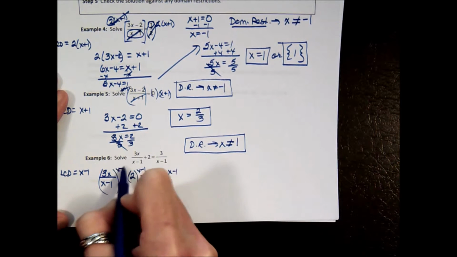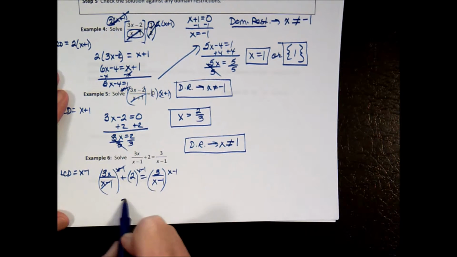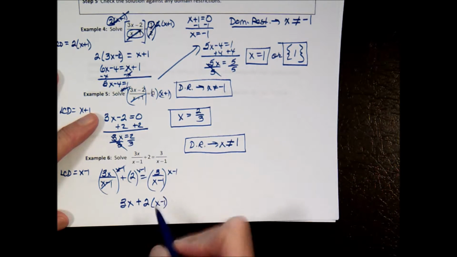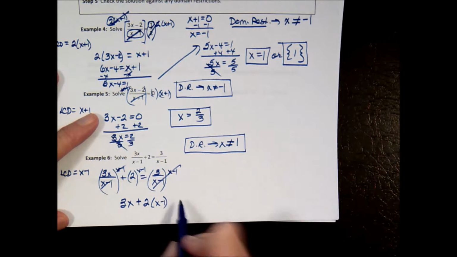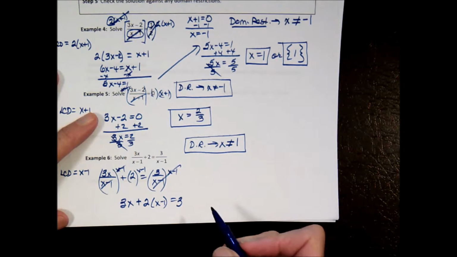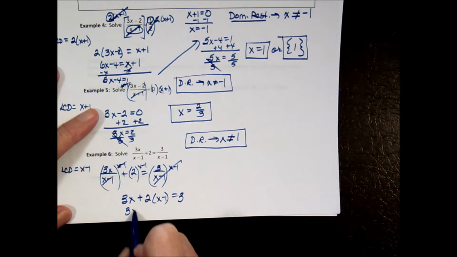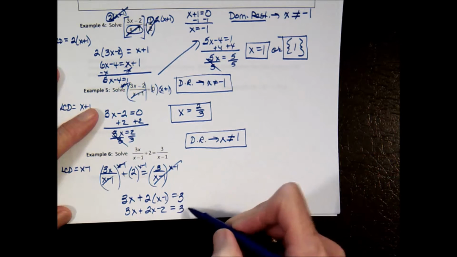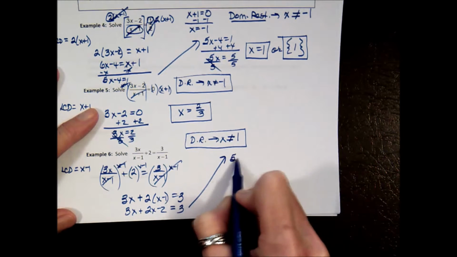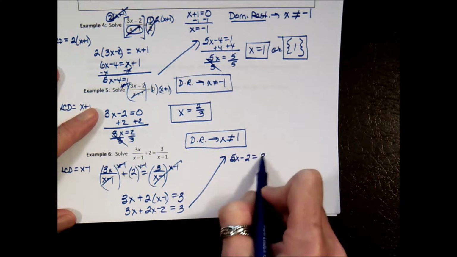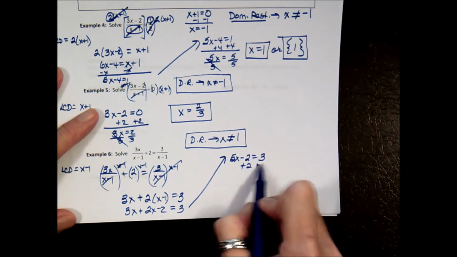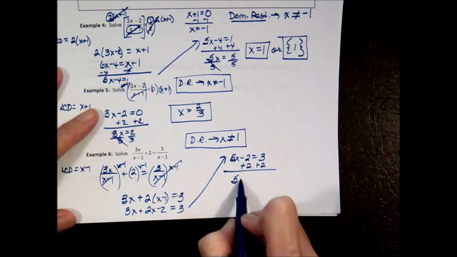So x minus 1. This cross cancels, and I have 3x plus 2 times x minus 1, I'll distribute that in a minute, equals 3. 3x plus 2x minus 2 equals 3. 5x minus 2 equals 3. I combined like terms. Add a 2 to both sides, and I get 5x equals 5.